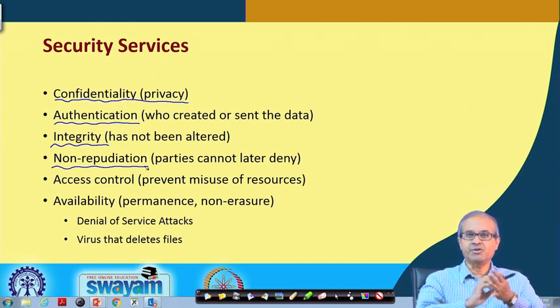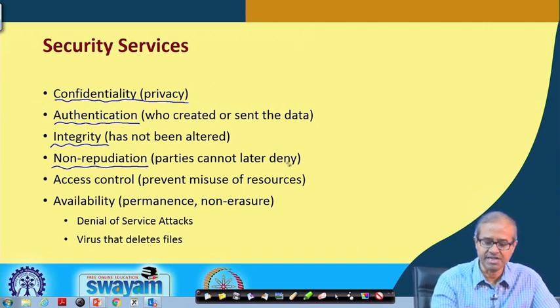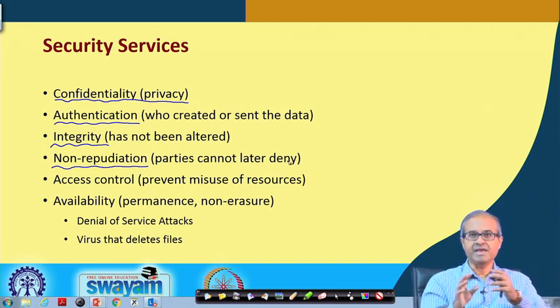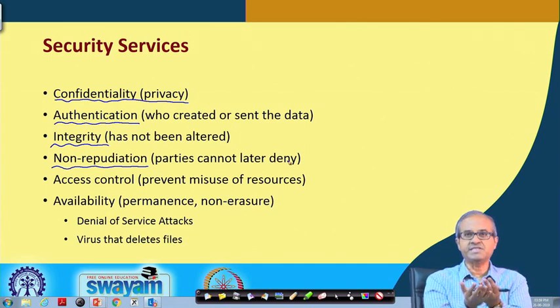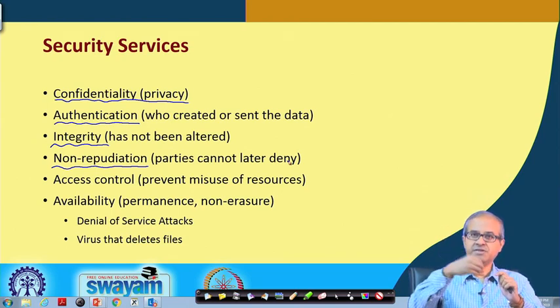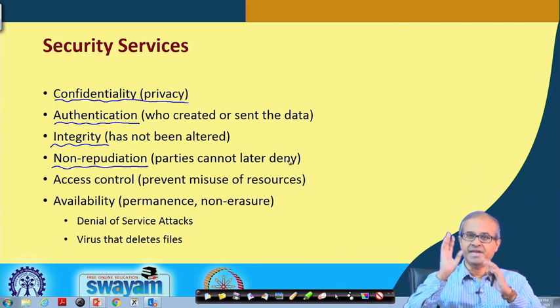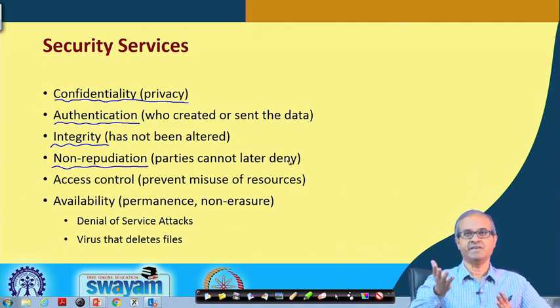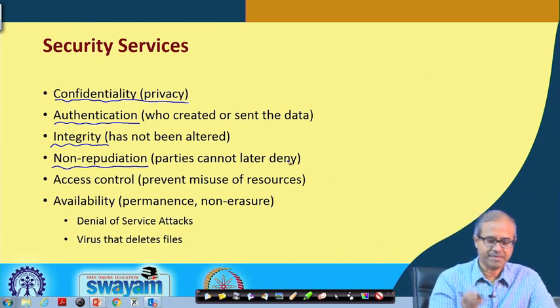Parties cannot deny later. Your security system, or the mechanism for sending and receiving messages, should be such that if you receive a message from me, it will actually be coming only from myself. You can verify that. So, I cannot later on say that that message was not sent by me. This is called non-repudiation.